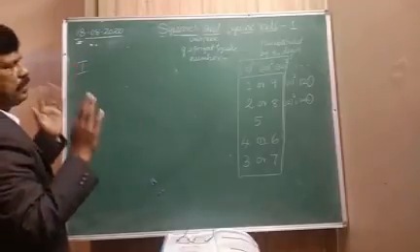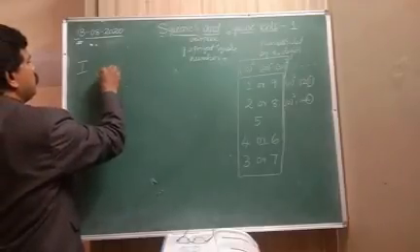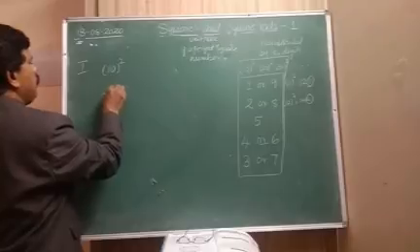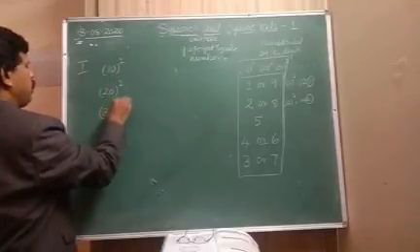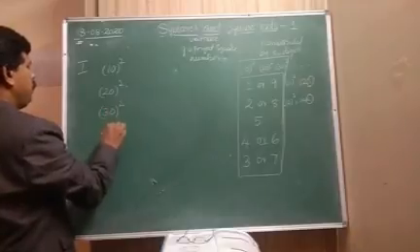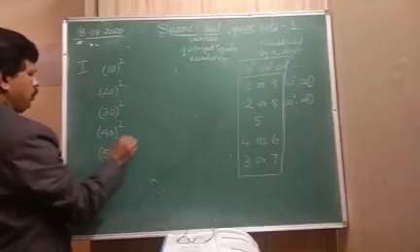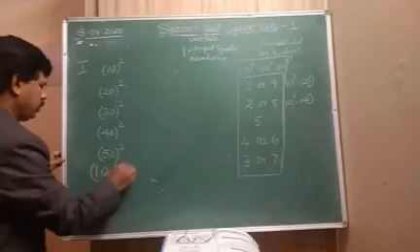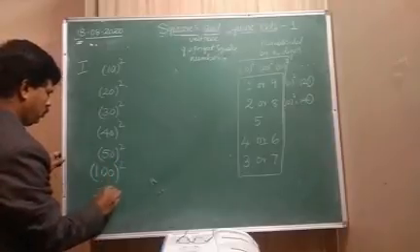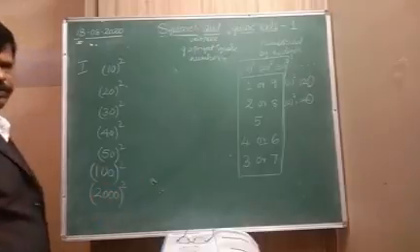10 square, 20 square, 30 square, 40 square, 50 square, like this. Even you can take 100 square, 2000 square, like this.